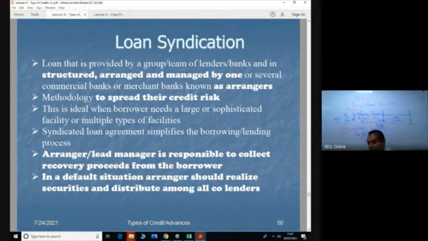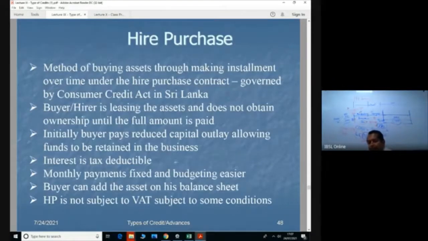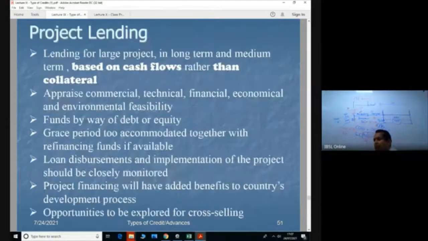Then we have project financing. Project financing is financing infrastructure or large commercial projects based on projected cash flows. When we did supplier finance or post-dated cheque financing, discounting, we based it on known cash flows.